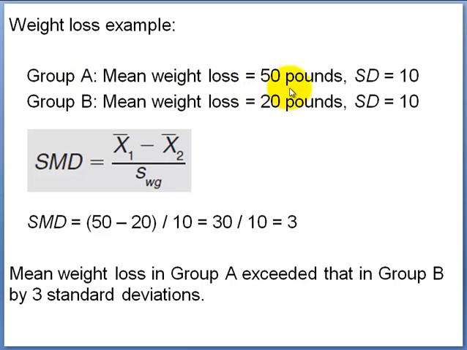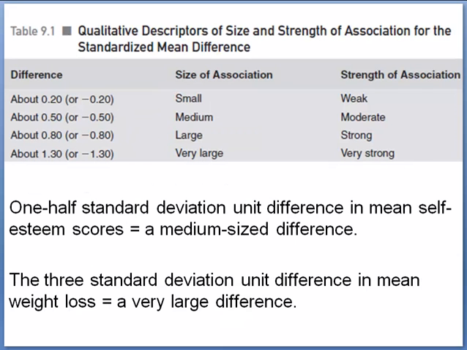Those in group A lose an average of 50 pounds. Those in group B lose an average of 20 pounds. The standard deviation in each group is 10 pounds, and here is a calculation of the standardized mean difference. 50 minus 20 divided by 10 equals 3. The mean weight loss in group A exceeds that in group B by 3 standard deviations.